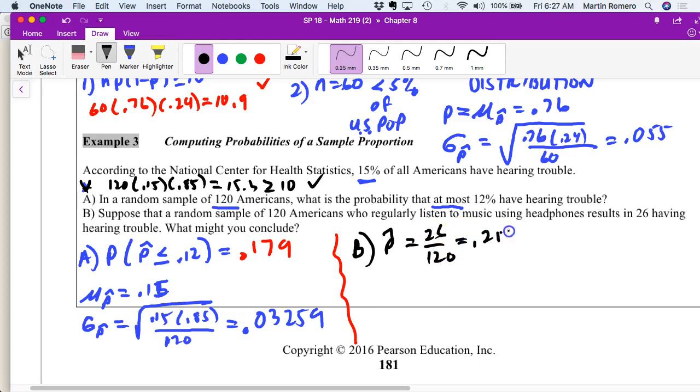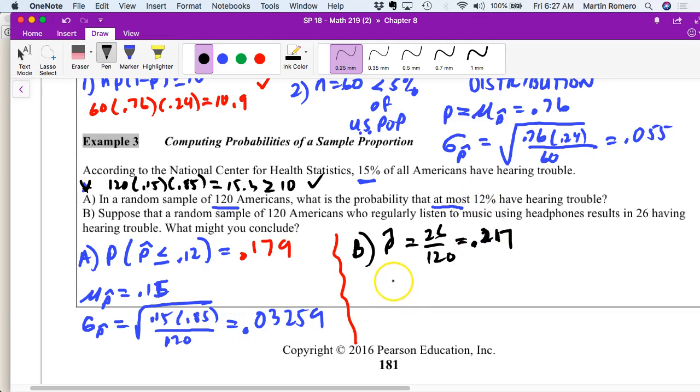It's 0.217. So we get 22% of people have hearing loss. Is that unusual? Are these headphones bad? Because now we know 12% of the population have it.